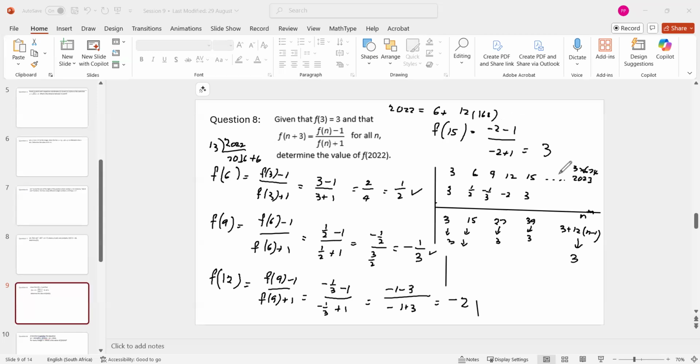All right, so you got 3 plus 12 times 168, according to this, goes to 3, right? So 6 plus that will go into a half.